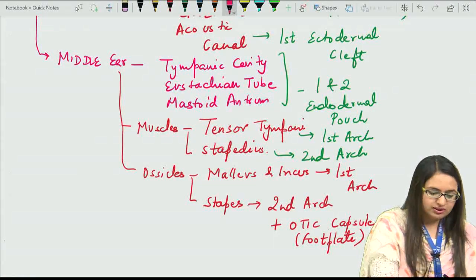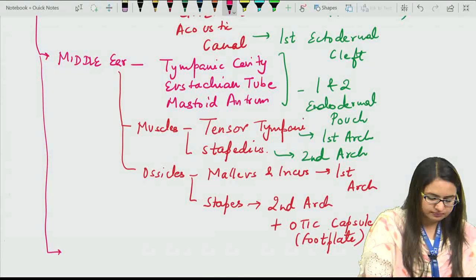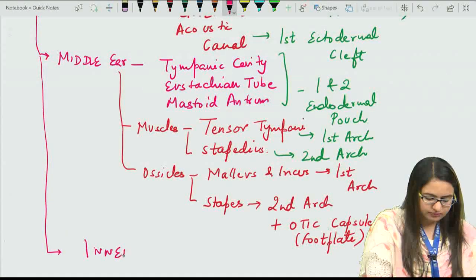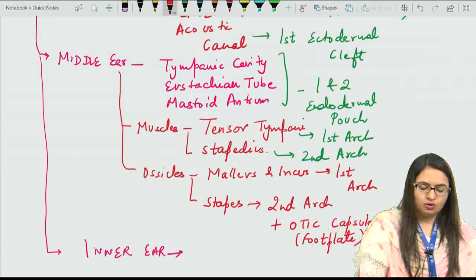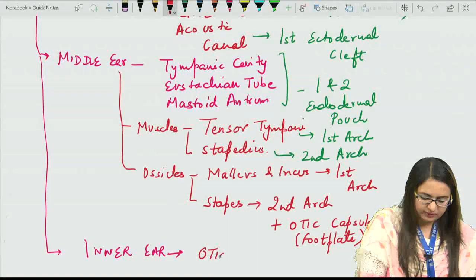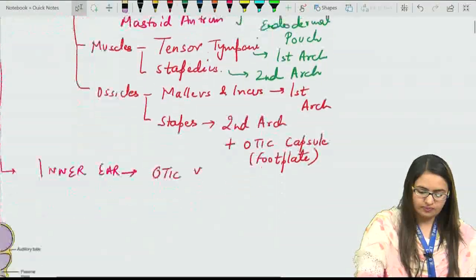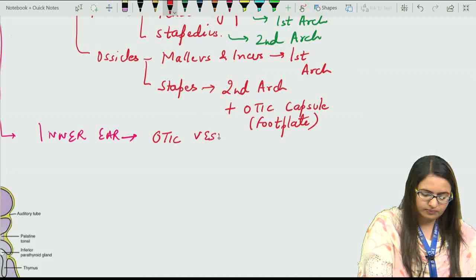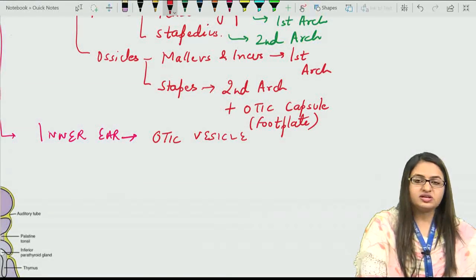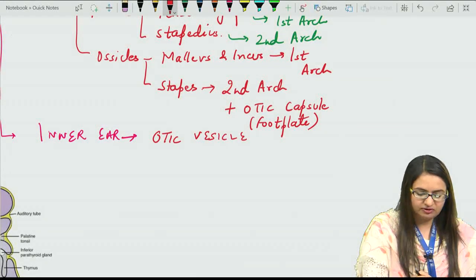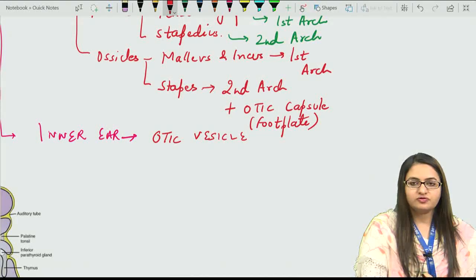Now when we talk about the inner ear, it is derived from the otic vesicle, which is actually derived from the otic placode, which is a surface ectoderm.